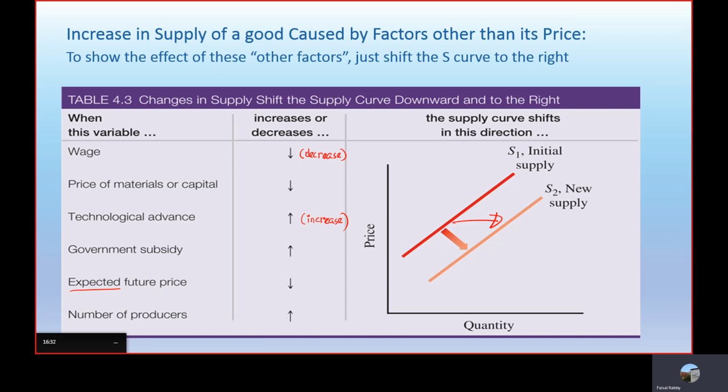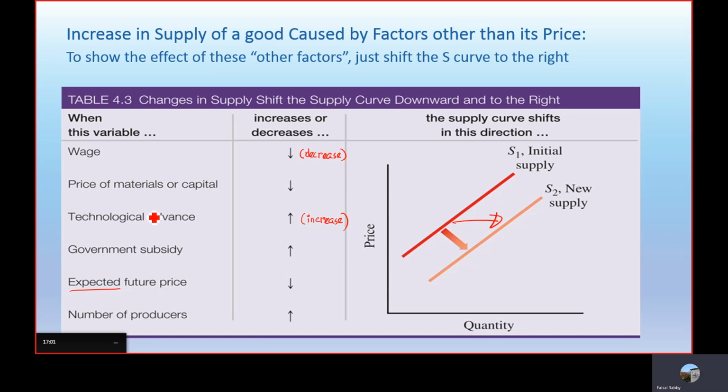So we are going to talk about what can increase supply. If the cost of labor, wages, decreases, by the way, a decrease is shown by this downward sloping arrow, and an increase will be denoted by this upward sloping arrow. If the cost of labor decreases, or the cost of raw materials or machineries, equipment, structures decrease, sellers are encouraged.